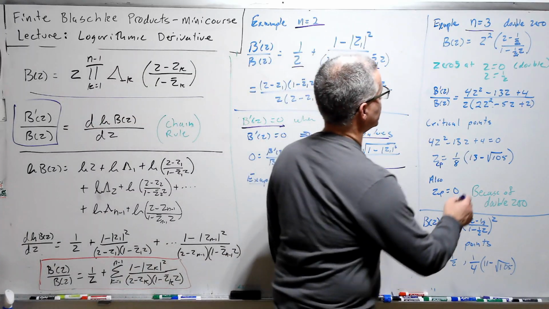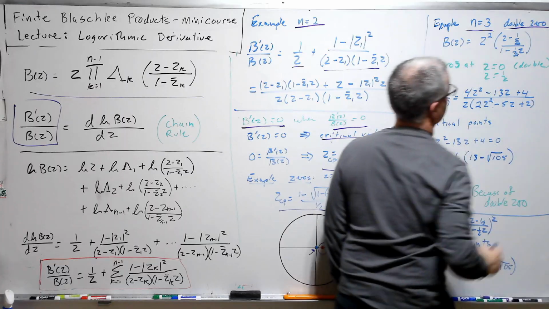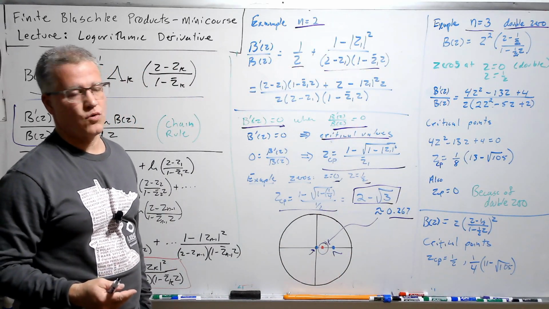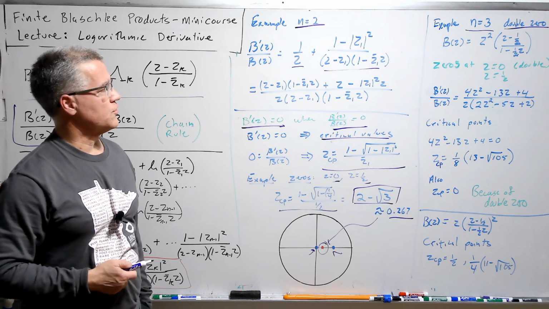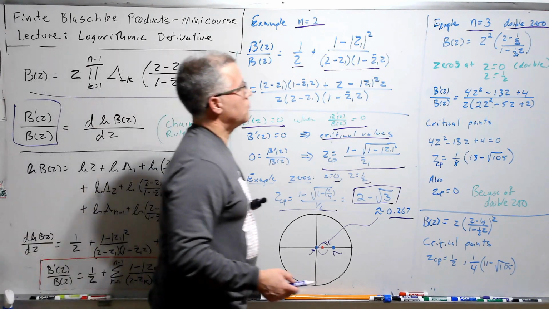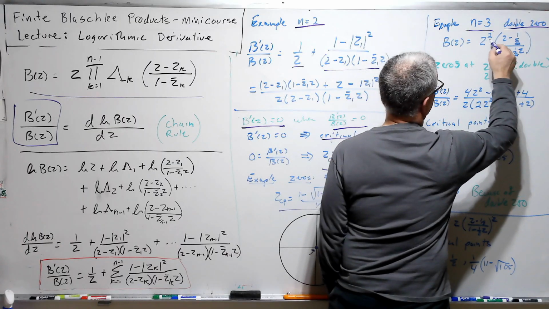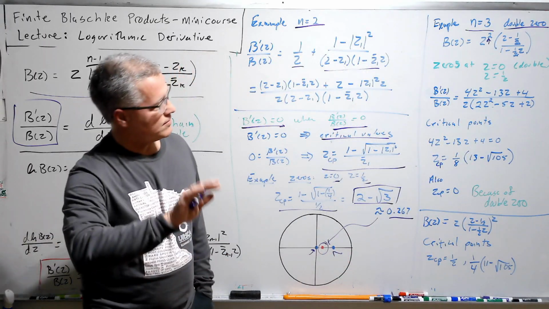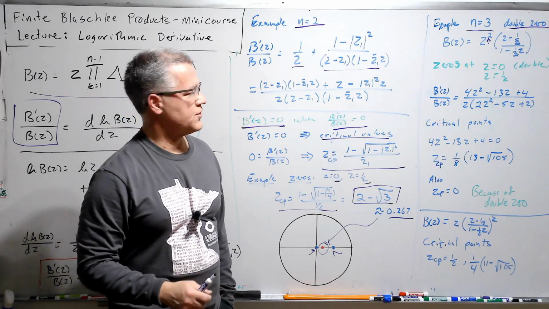So this will also illustrate when we have a zero of order 2. We're going to put this order 2 zero at 0, and take the other zero to be 1/2.